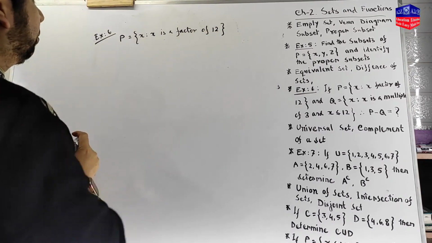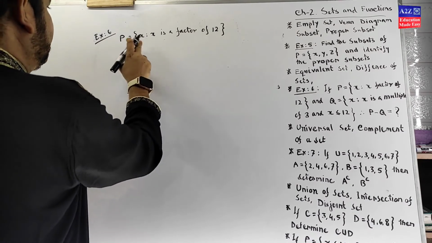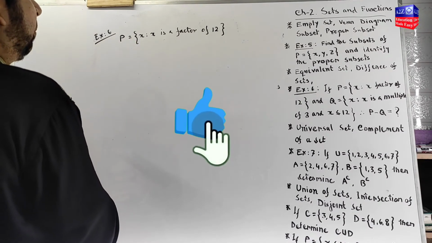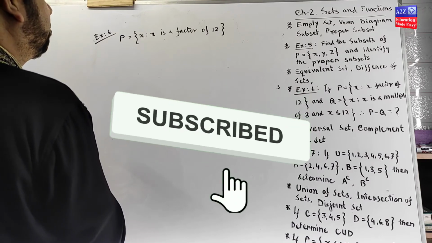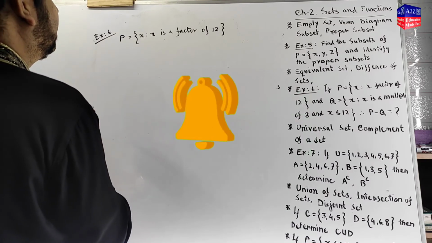Here this set is expressed in set builder method, so I have to find out all the elements by breaking down these properties into details.